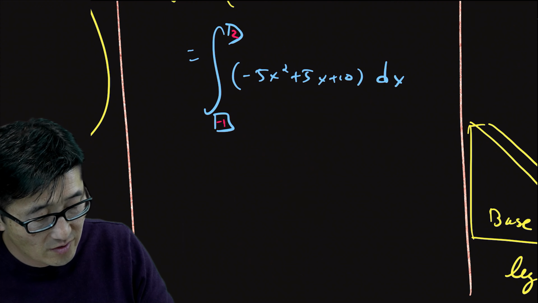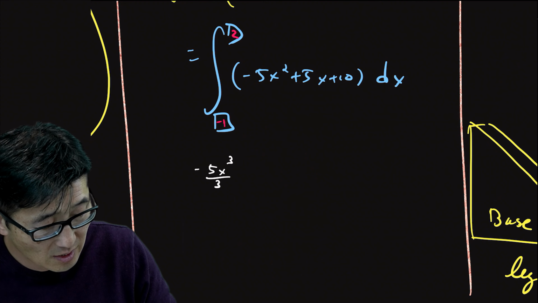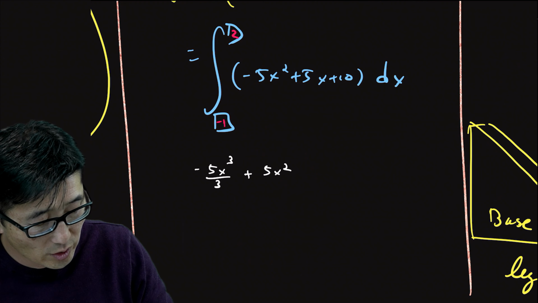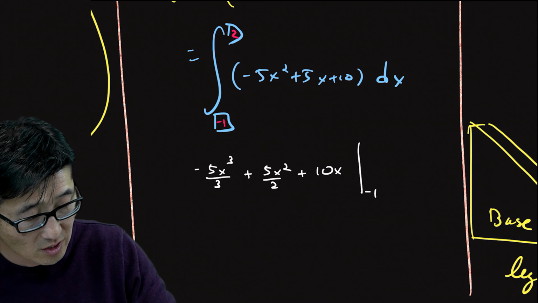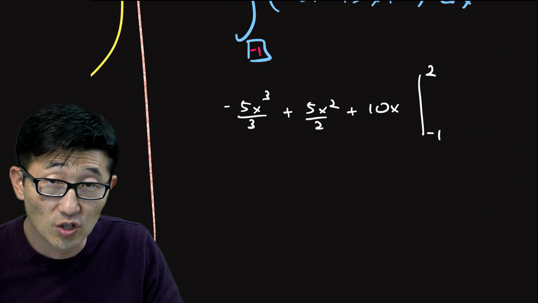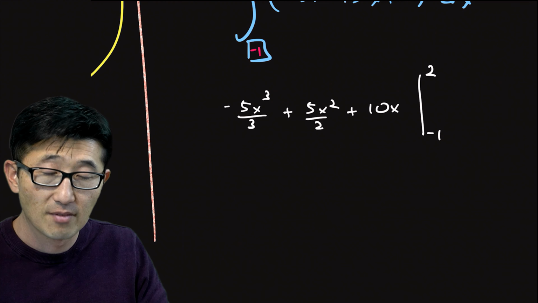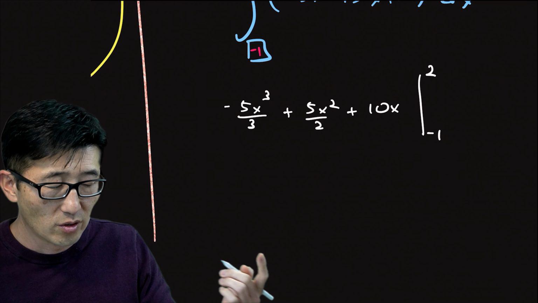The antiderivative of this will be negative 5x cubed over 3 plus 5x squared over 2 plus 10x, and we'll evaluate this from negative 1 to 2. All right, so let's plug in the 2 first, and then we'll plug in the negative 1, and then apply our fundamental theorem of calculus. And then we'll have our answer.